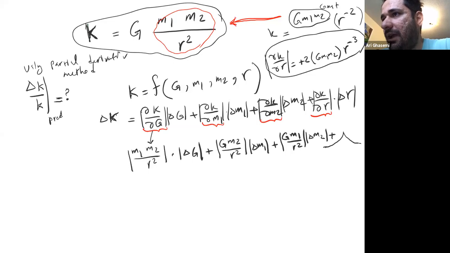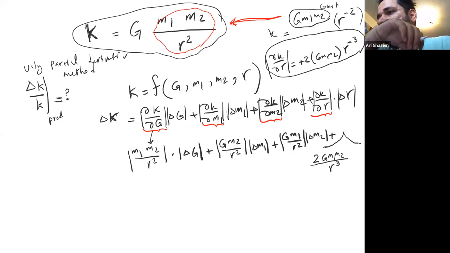I'll write it down. So you have 2 times G M1 M2 R to the negative 3, which I simply bring to the bottom, so it becomes R to the positive 3.